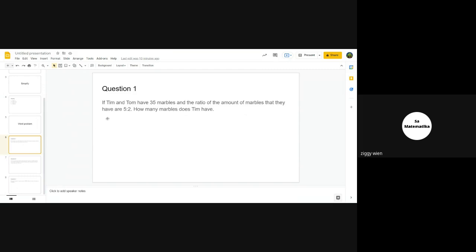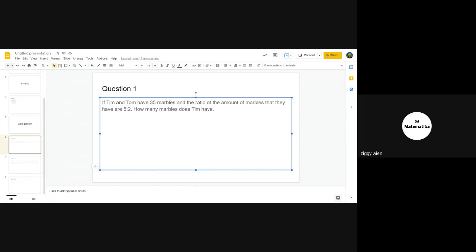If they mention the ratio 5 to 2 and you don't know which one is Tim and which one is Tom, if they say Tim first, that means Tim's number in the ratio is 5, because it is mentioned before the number 2, and Tom is 2.